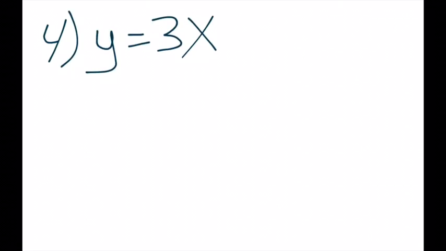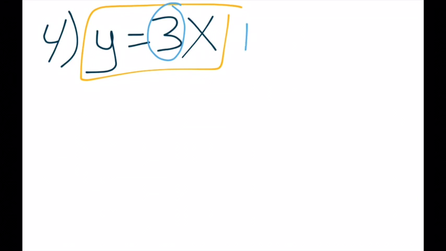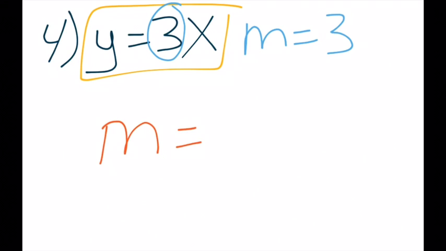So number 4, we have y equals 3x. First of all, I need to identify the slope of this line. What's the slope of this line? Well, we know it's 3, so our m equals 3 here. What does the slope of a line perpendicular to this have to be? First of all, it has to be the opposite reciprocal. If this one is a positive number, then the perpendicular one has to be a negative number.